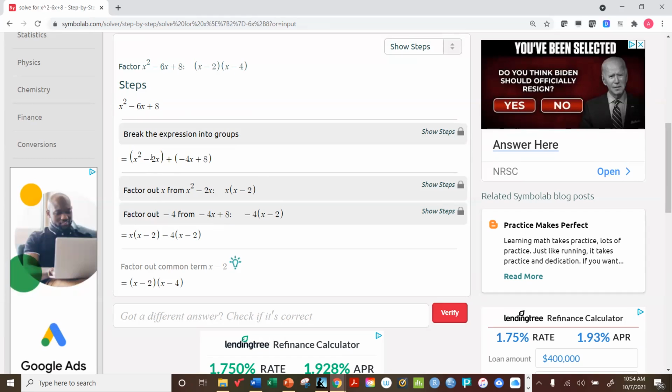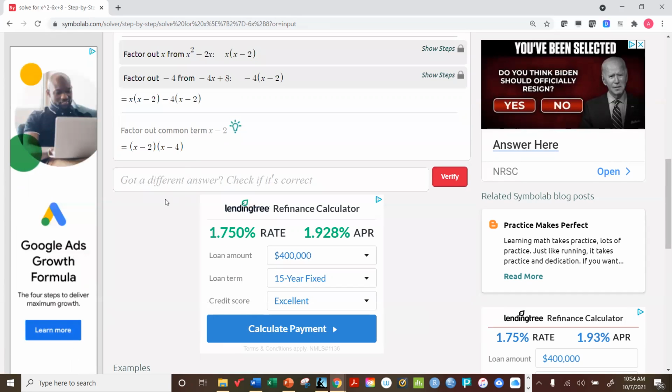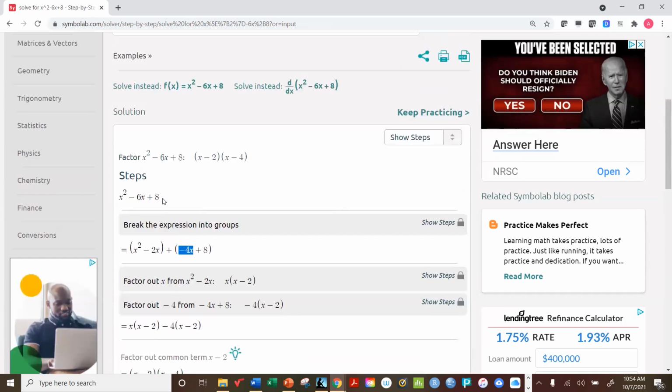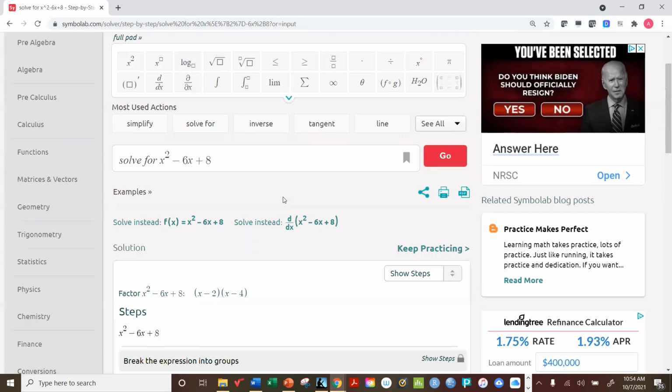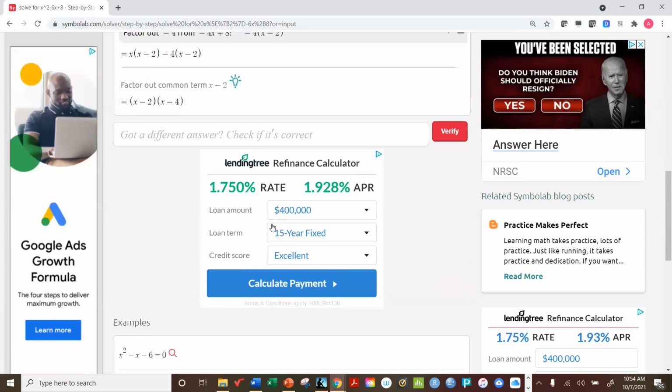This requires us to correctly divide 6x into 2 and 4. I don't know how they would expect you to do that. I wouldn't use this approach. But anyway, there it is. So you can confirm your work right there. And now you have that, it gives us the solution, it gives us the factors. How do you like that? Excellent.